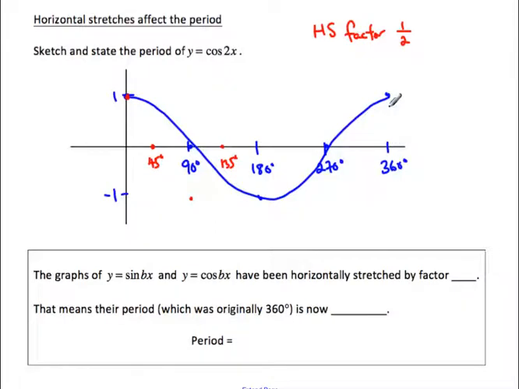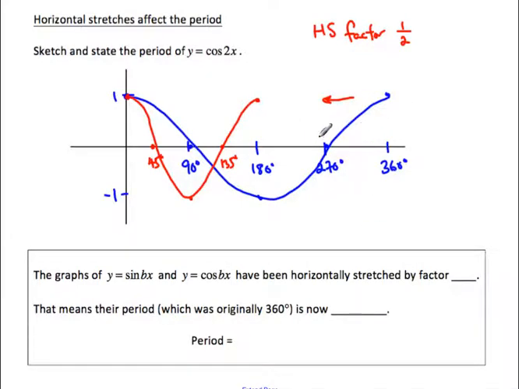And the point 360, 1 is going to move to 180, 1. So this is our new function, y is equal to cos 2x. So it's been squished in half that way.